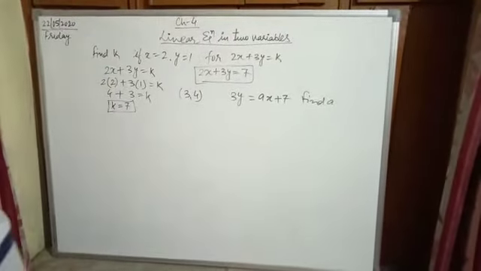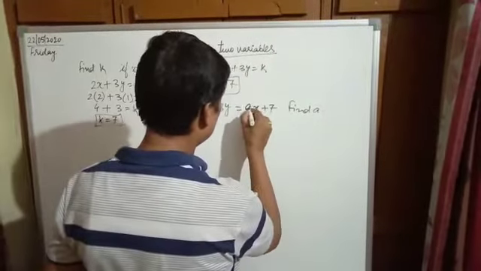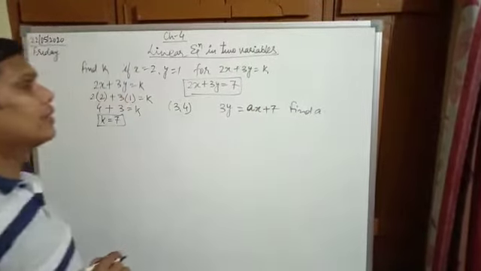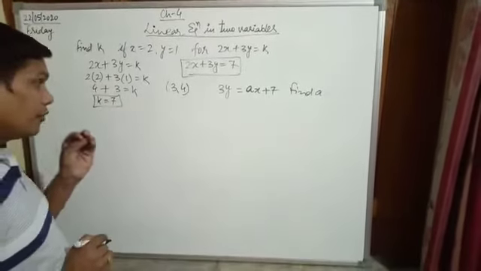Simple. 3y is equal to ax plus 7. Then we have to find the value of a.